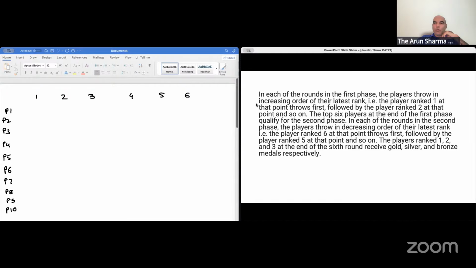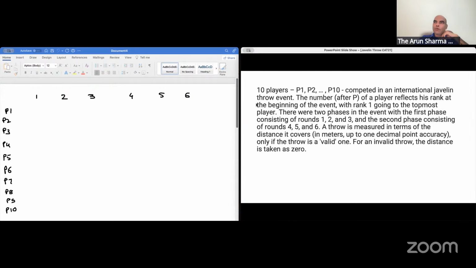So before we go back, one thing that I would like to remind you of is that the first round is pre-ranked based on their past performance. And from second round onwards, the ranking will be based on their first round throws.